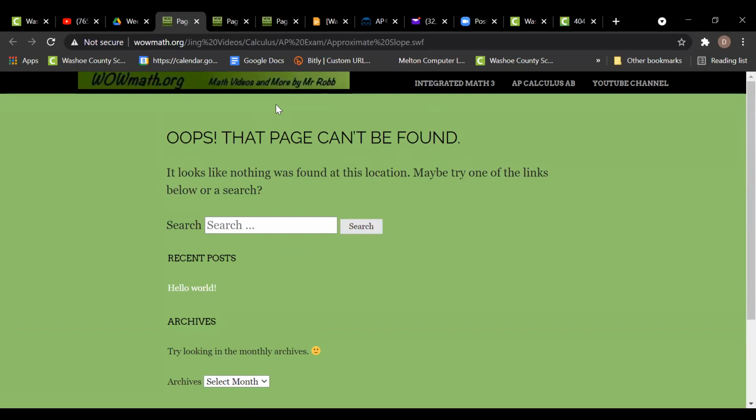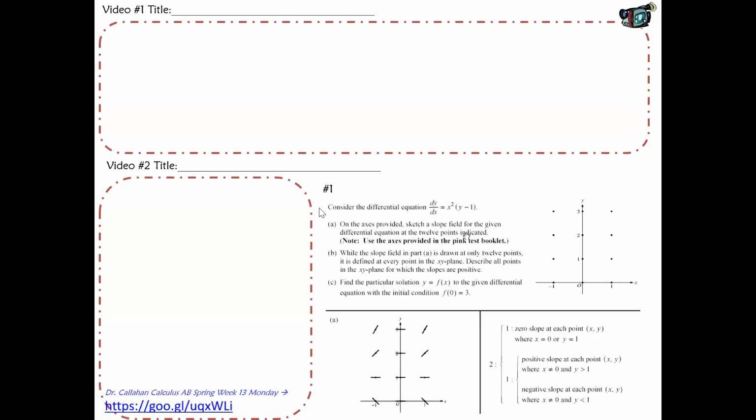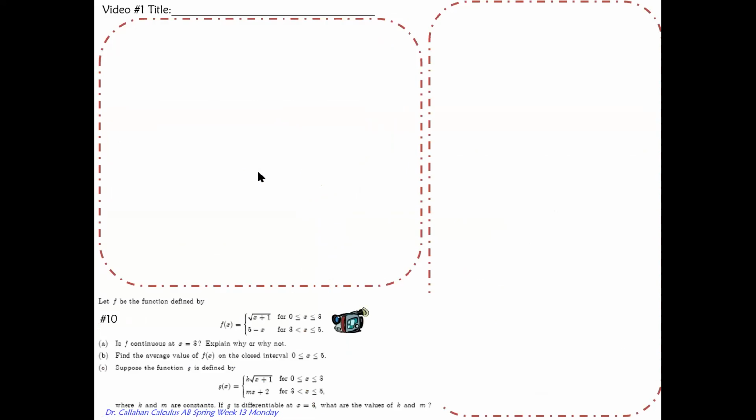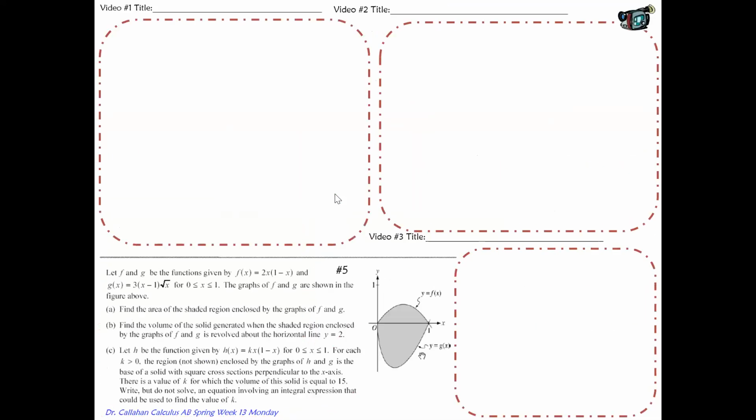Okay, never mind. It's not going to work. That's disappointing because I was hoping that it would. That's okay. What I can have you guys do is just go over this and take a look at the steps. I'm going to see if I can find that at another location and see if that's something we can do.